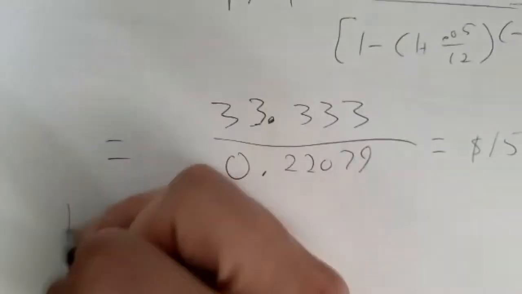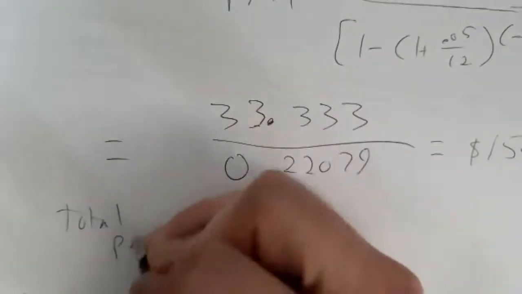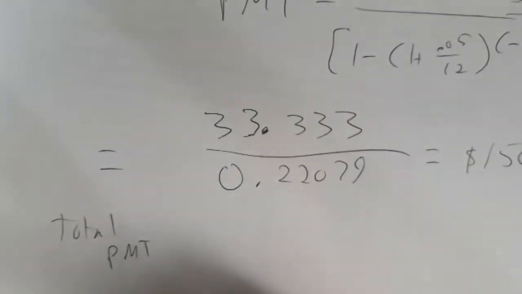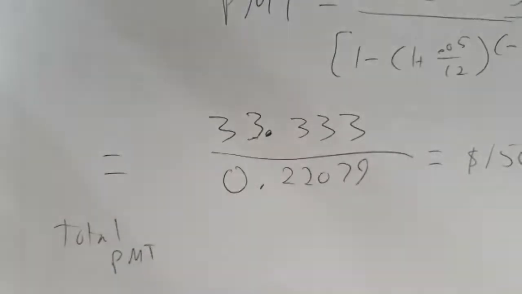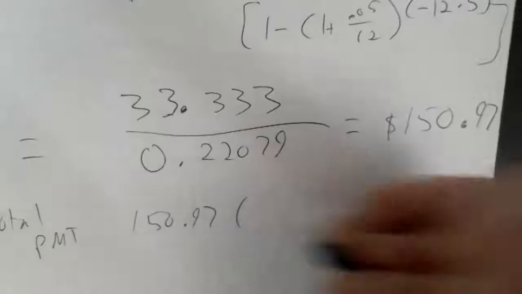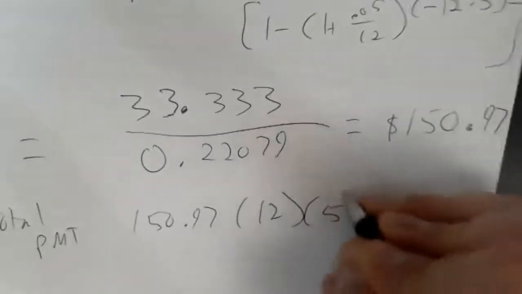Now I have to figure out those two other things, total payment and my total interest. So my total payment is going to be this 150.97. Think about how many times I'm making this. I'm making it monthly for 5 years.